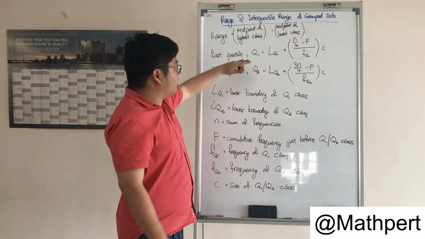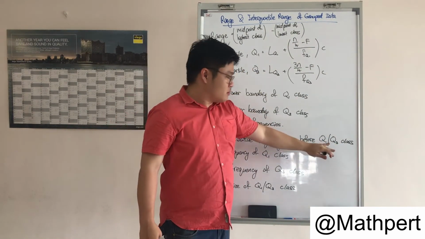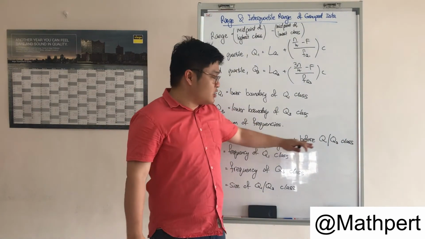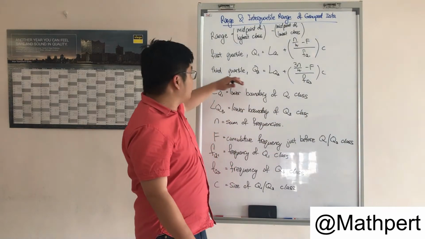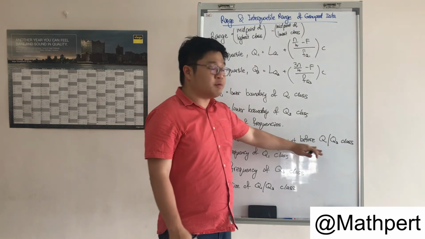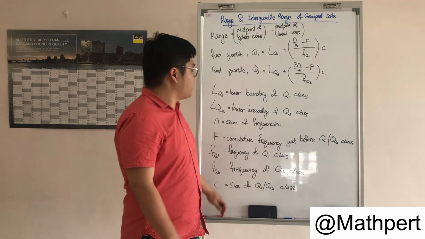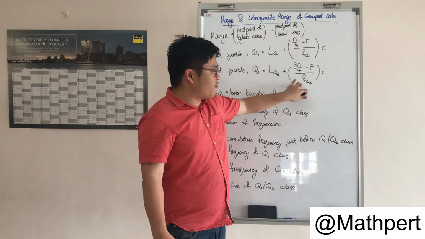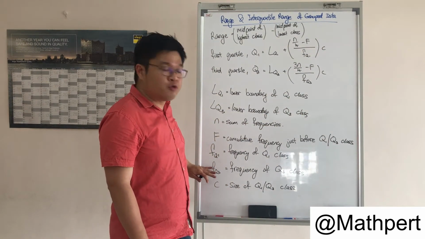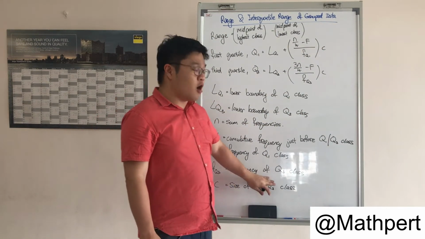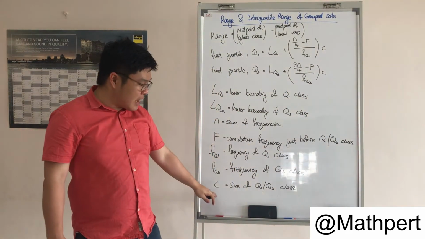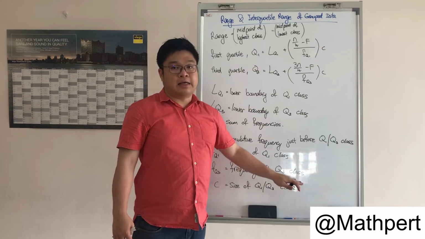In the first quartile, F is the cumulative frequency just before Q1, and in the third quartile, F is the cumulative frequency just before the Q3 class. Then FQ3 is the frequency of the Q3 class, and C is the size of the Q3 class.